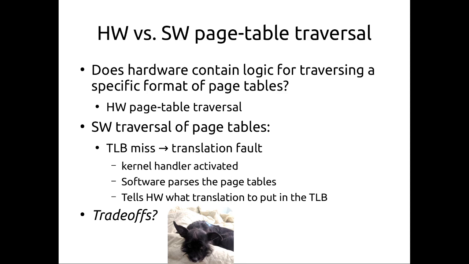And that kernel handler that is activated on the translation exception must then go and figure out what entry it wants to add into the TLB. So now we define in software all of that logic for walking through the page table. So this is nice because now we can define page tables to have any shape that we want.